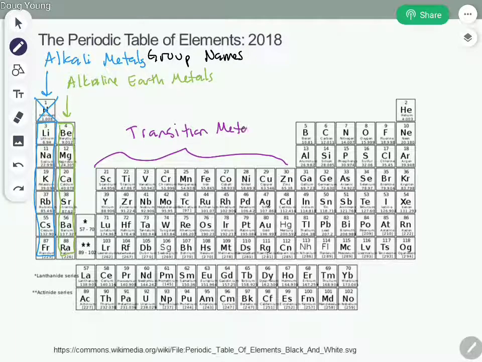All of these metals that are down here in that big dip between, for us, what's group 2 and group 3. So all of those from scandium down to zinc. We're not going to get too hardcore into the definition, whether or not zinc is considered a transition metal. For us right now, everything in that block right there, transition metals.